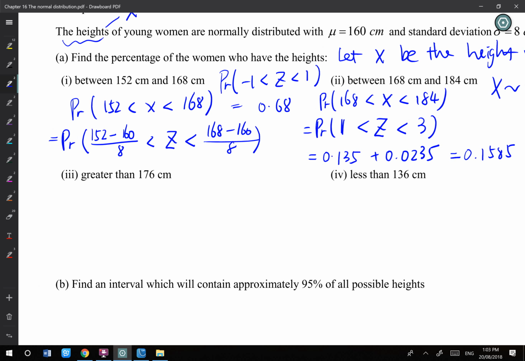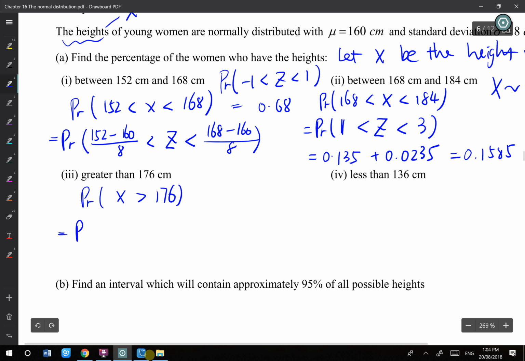Okay, greater than 176. So it's the probability X is greater than 176, and that's the probability that Z is greater than 176 minus 160. We have 16. 16 divided by 8 is 2. So it's Z greater than 2 standard deviations. So what I will have is 0.0235 plus 0.0015.